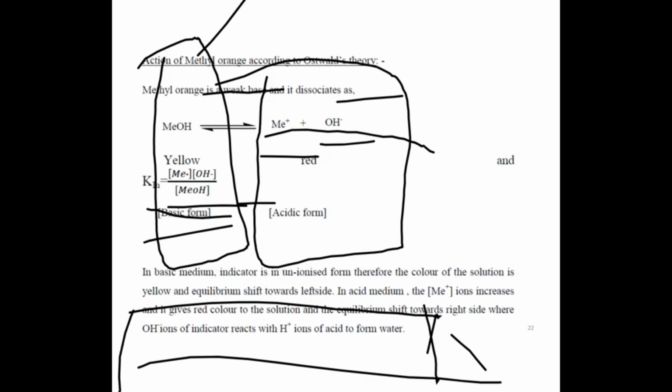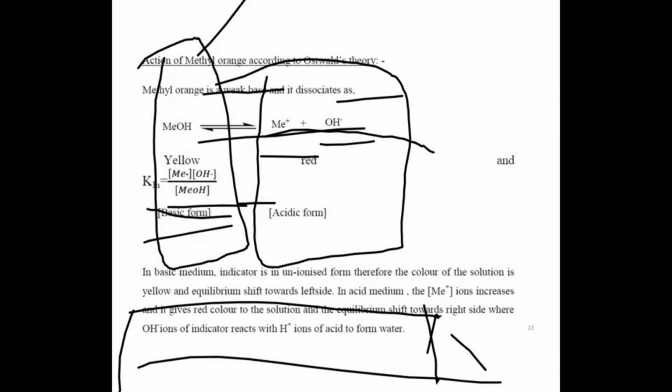This is with respect to Ostwald's theory, which explains that an acid-base indicator is either a weak acid or a weak base that only partially ionizes in the solution.